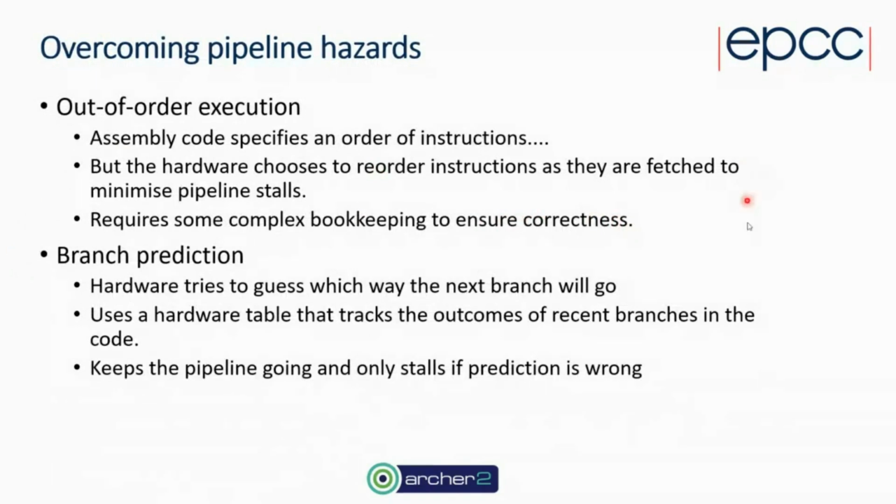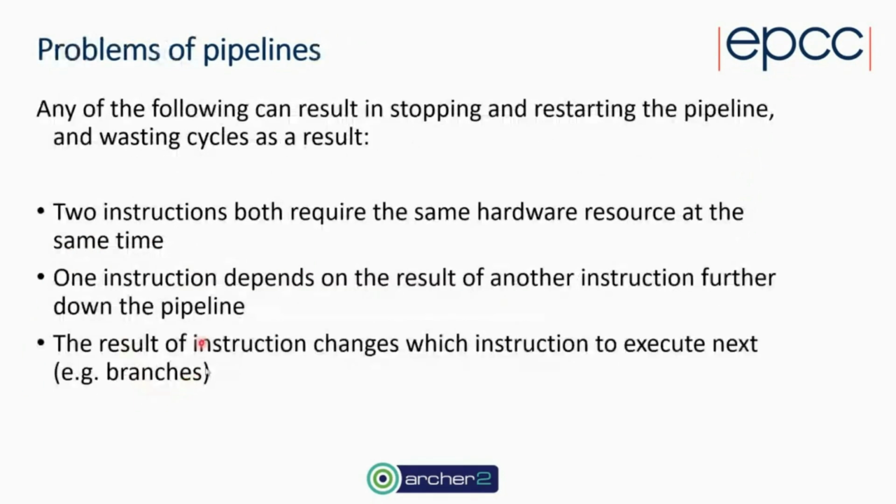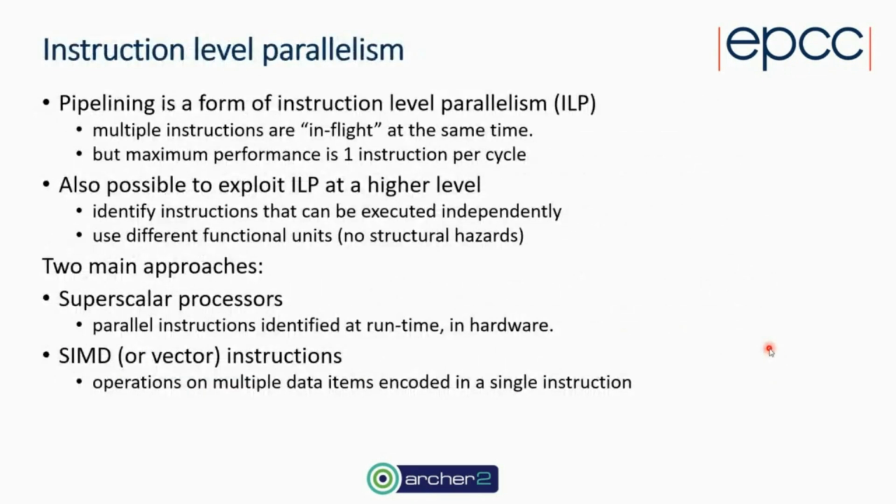It can't always do that, but we will try and do that. And then the branch prediction hardware will try and guess where the branches go, and that will try and get around this hazard to the pipeline as well. And so the hardware is working under the hood to try and do these things for you.